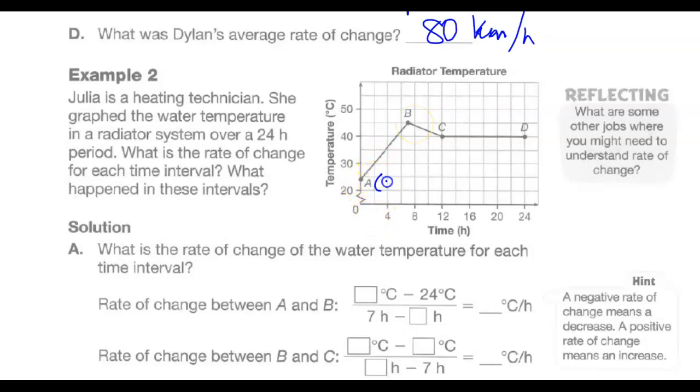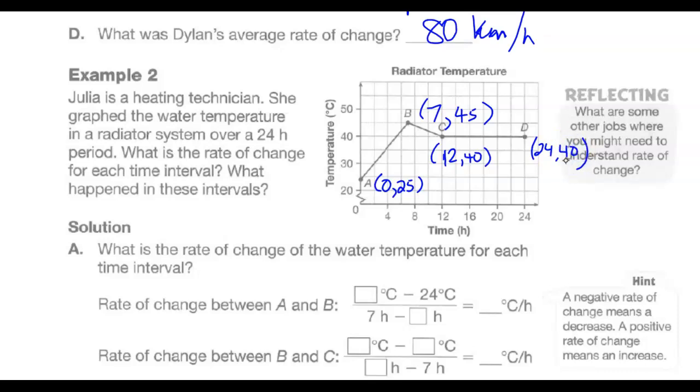So A is 0, halfway between 20 and 30 is 25. B looks to be, each grid is 2, so this looks to be 7 hours and 45. C looks to be 12 and 40. And D looks to be 24:40.